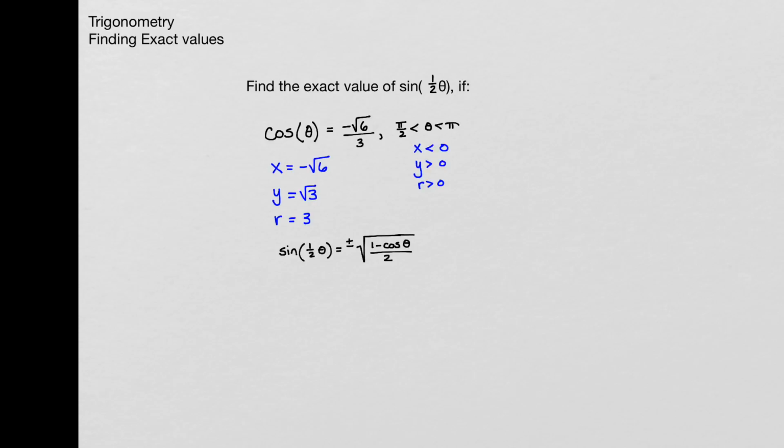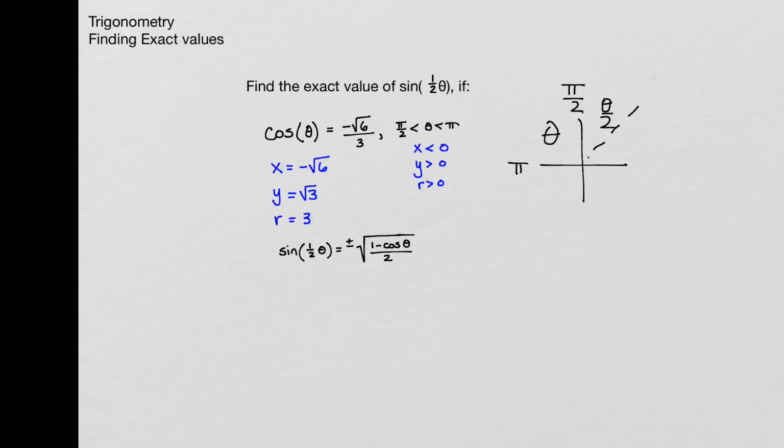So now in this problem, I need to find the sine of 1/2 theta. And when I'm working with the half angles, I have to keep in mind what quadrant it is that we're talking about. I know that theta in this problem is in quadrant 2. Well, if theta is in quadrant 2, that means that it's somewhere in between pi over 2 and pi, then half of theta is going to have to be in the second half of quadrant 1.